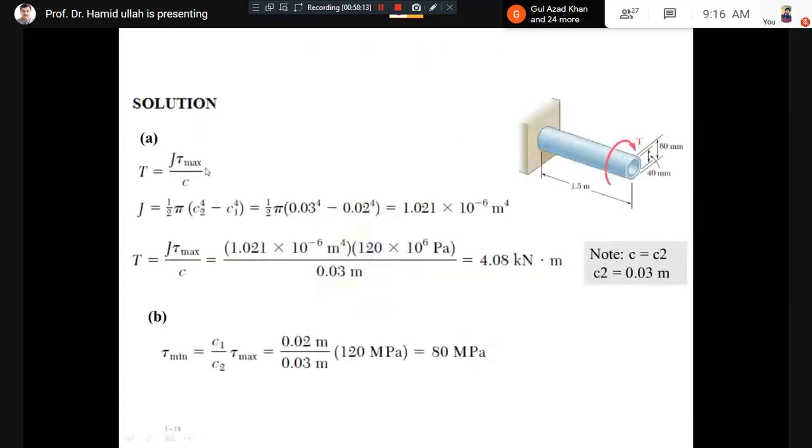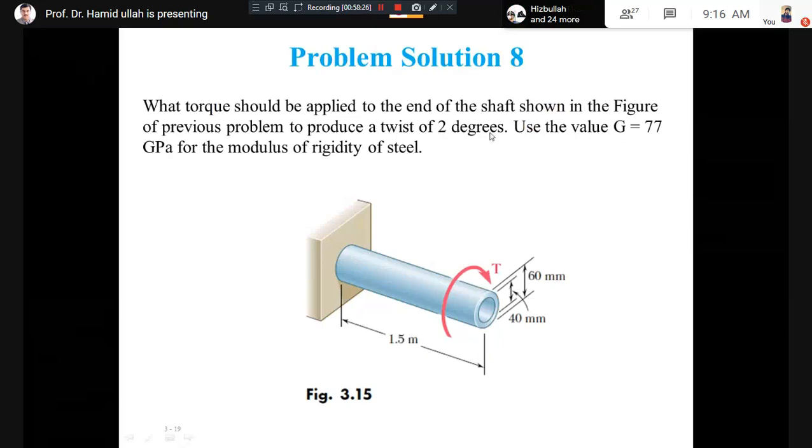In the previous case, the torque of 4.08 kilonewton meter was calculated based on shear stress. Now, if we make the criterion the angle of twist, which is 2 degrees, what is the torque this shaft can transmit?